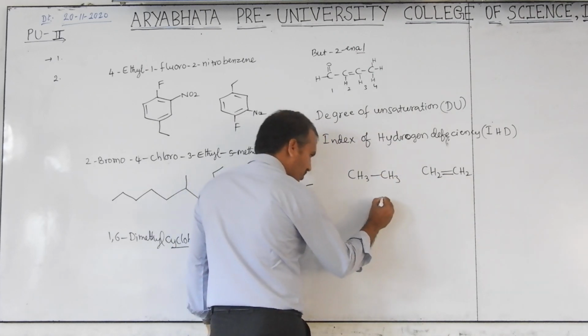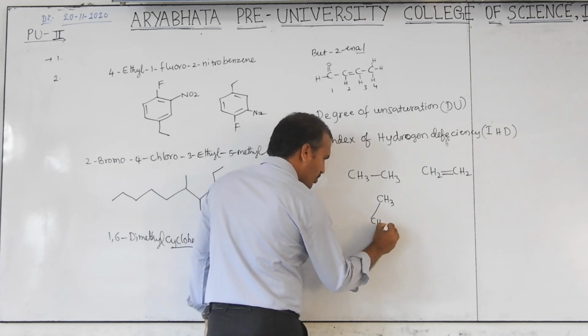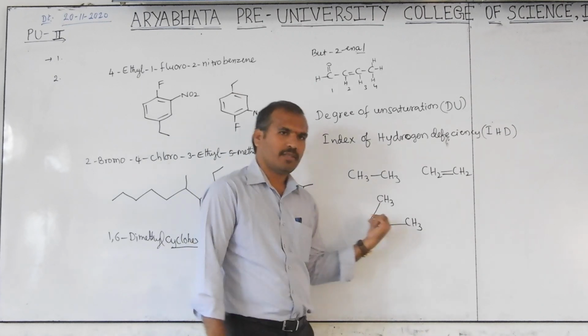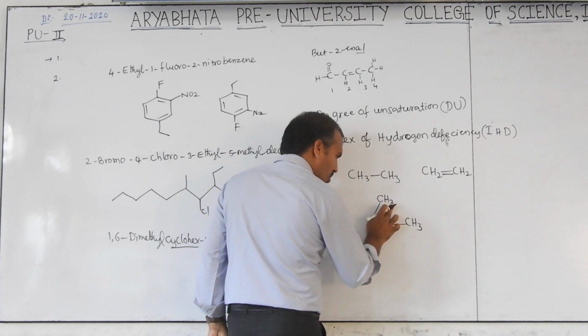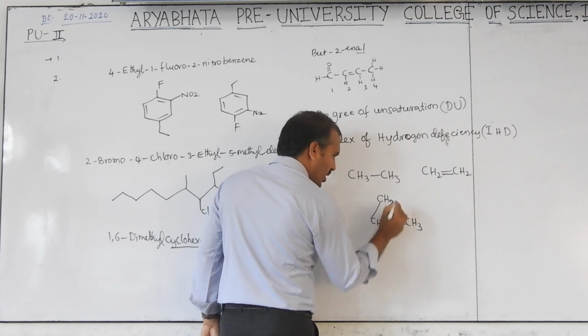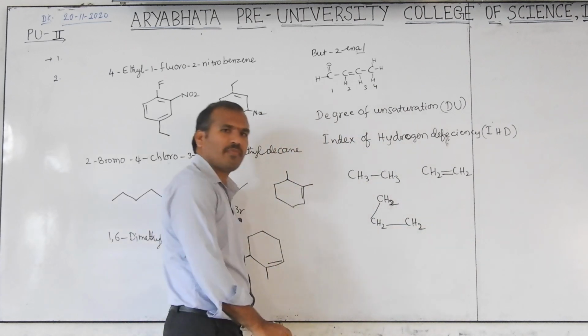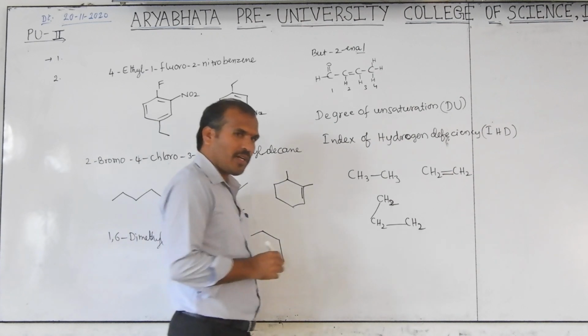Another one, CH3, CH2, CH3. What is this? Propane. If I want to remove one hydrogen from each end, then what can I write here? CH2, this is CH2. Is the balance satisfied? No. To satisfy it, what do I have to do?